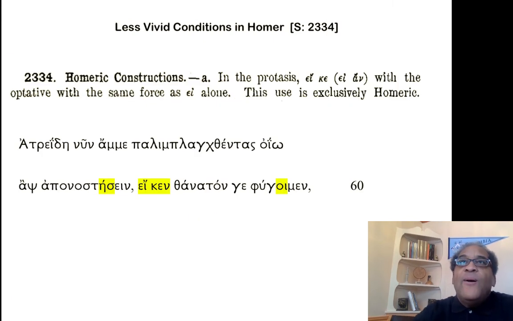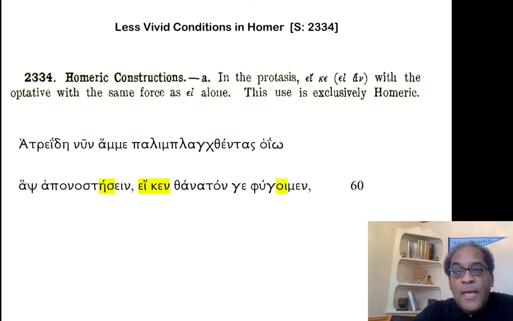Okay. Now, Homer has freedom, as he often does, and in less vivid conditions, he can have the protasis be ei ken, with the same sense as the optative with ei alone.